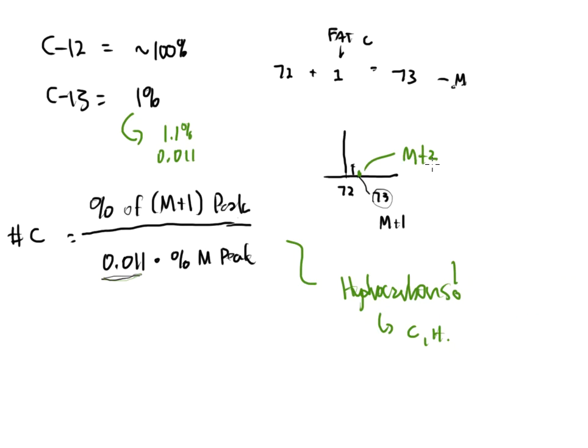Now, carbon typically is carbon-12 or carbon-13. If carbon-13 shows up 1% of the time, it's very unlikely that 2 carbon-13s would be involved in the molecule. The chances are slim to none.